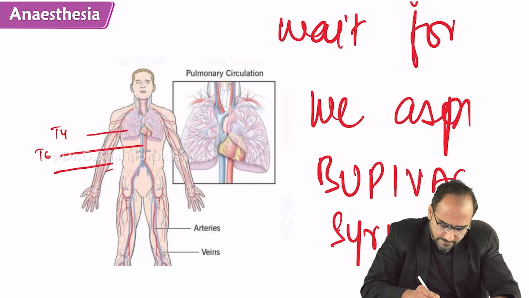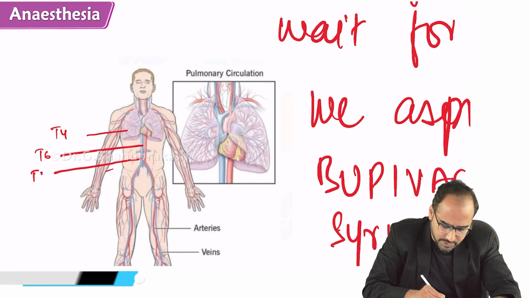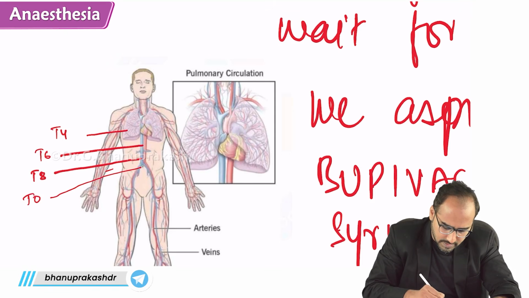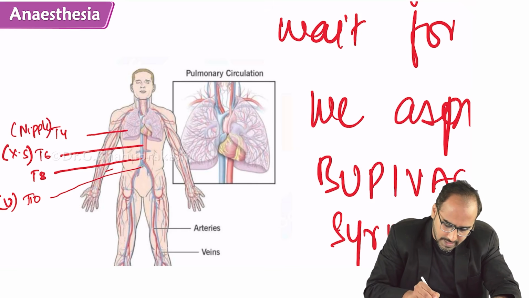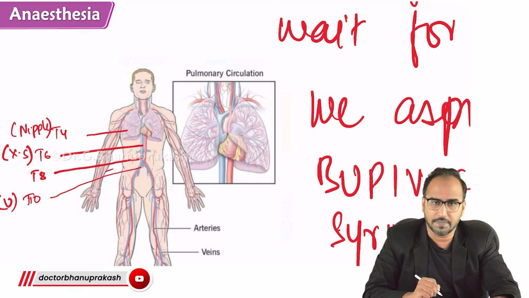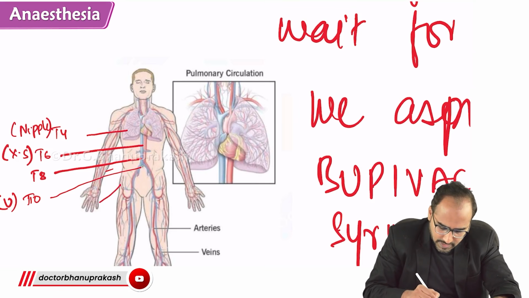The area between xiphoid sternum and umbilicus corresponds to T8. Umbilicus corresponds to T10. T12 is the pubic symphysis.